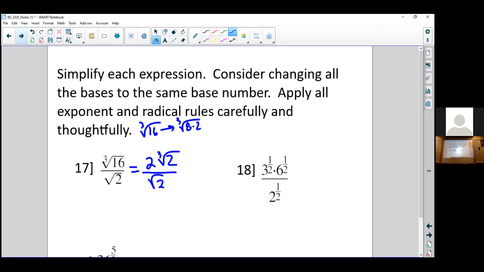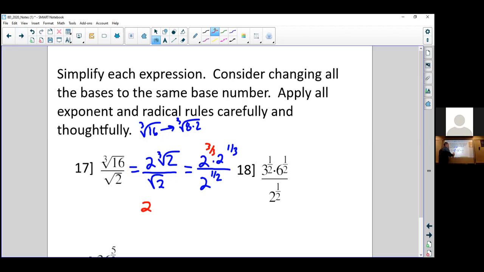Okay, next step, I want to take third root of 2 and make it an exponent. So third root of 2 is 2 to the 1/3 power over 2 to the 1/2 power. Oh, boy. So I'm going to modify this. I might have jumped ship on that too quick.